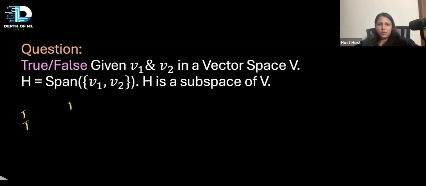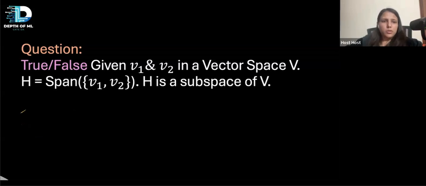True, true, false. Okay. Others also, please tell me what's your answer. I have one more true. Okay. True. True. Okay. Fine. So let's talk about why we think that it is false.